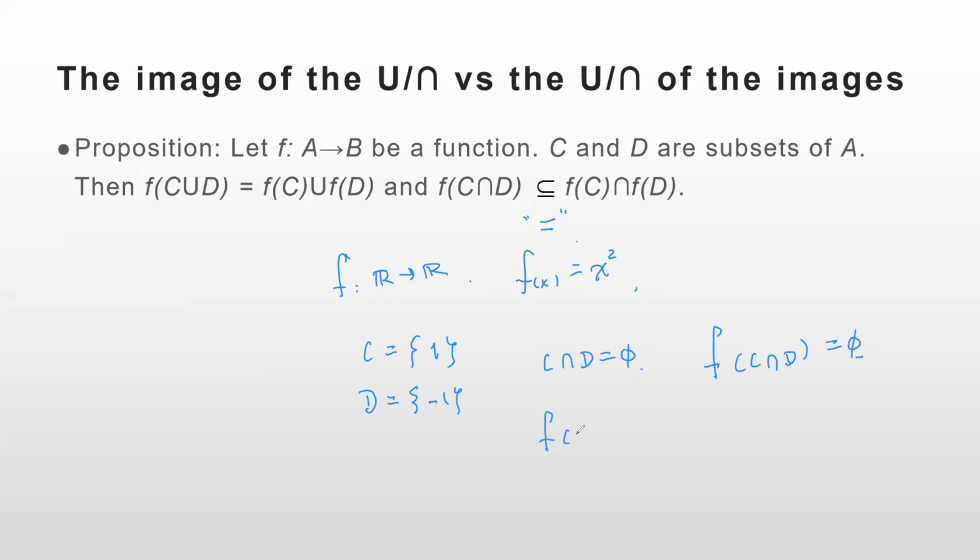Now, f of C is what? Sorry, f of C is a set, not a value. f of 1 is 1, and f of D is also the set with the element 1. So actually, f of C intersect f of D is the set containing 1, and these two are not the same. So that shows equality doesn't hold for these two sets.